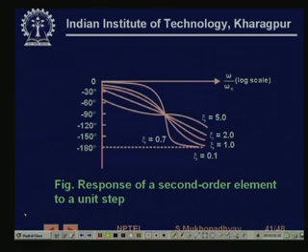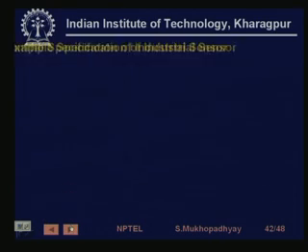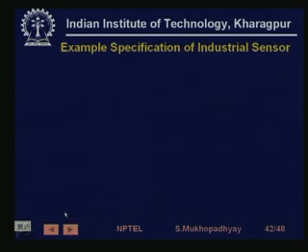So, these are the phase lags. So, we have seen the static and the dynamic characteristics of sensors. Now, let us see some example specifications.